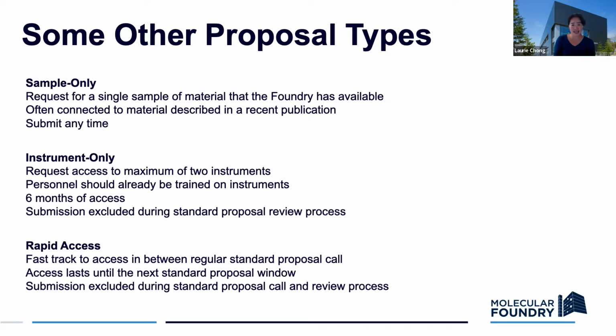And then rapid access is if you have an idea where you're trying to get, say, some preliminary data for a proposal or a very, very small need, which can be submitted at any time, not just during our proposal calls. All right. So again, that's our overview of the user program and the proposal process.